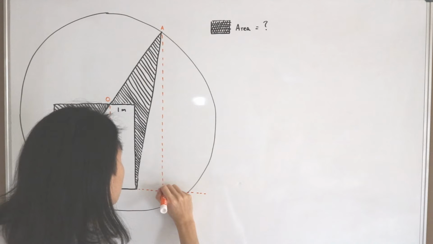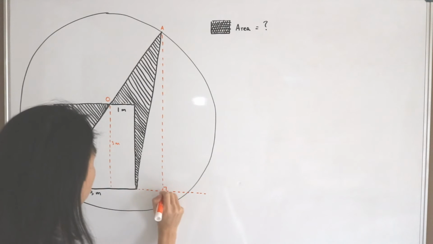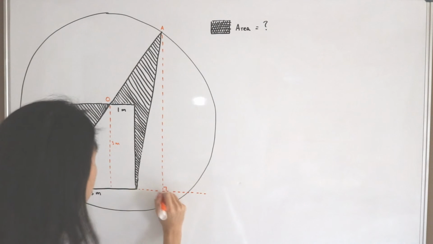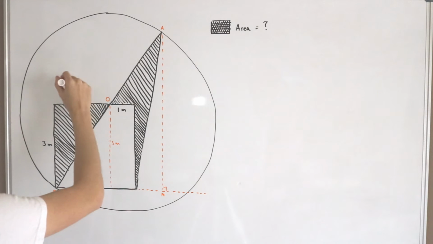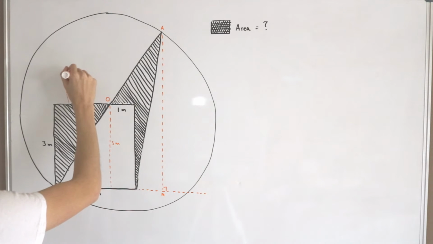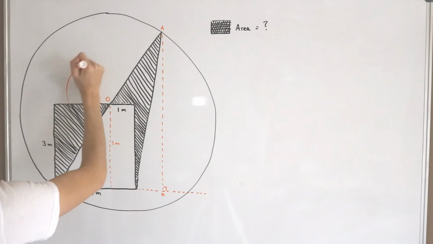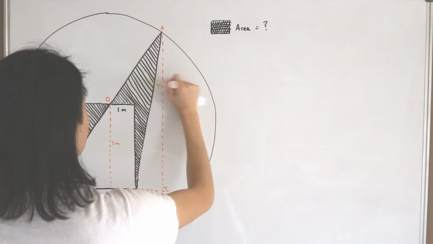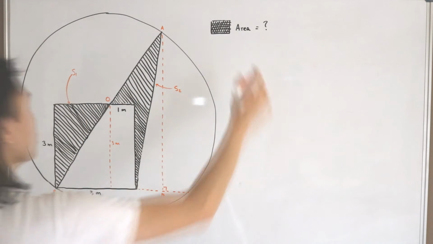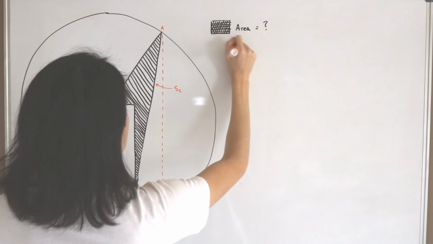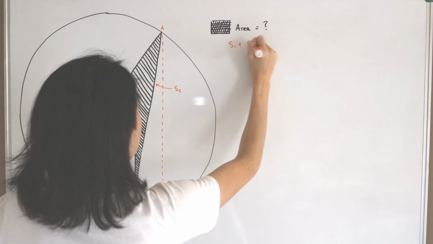This forms a right angle over here, and I'll call the point where the two lines intersect N. I'll call this little area S1 and this little area S2. Really, finding the area means we have to find S1 plus S2.